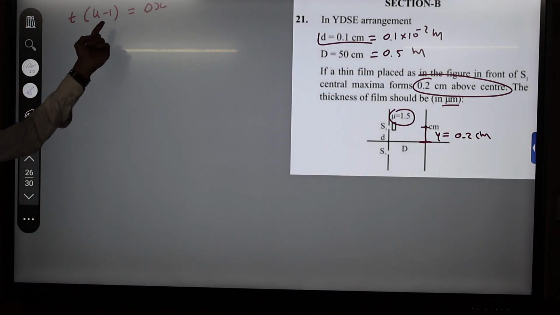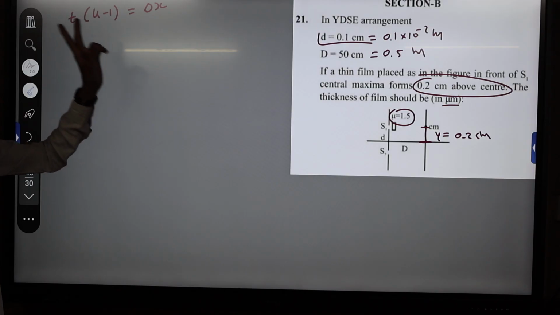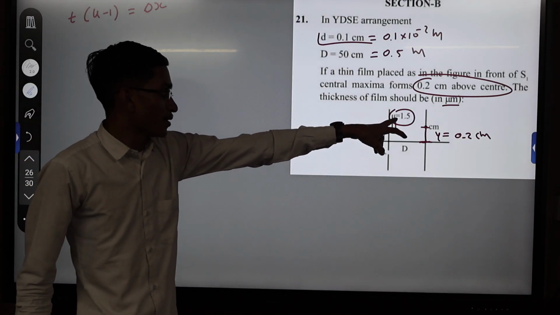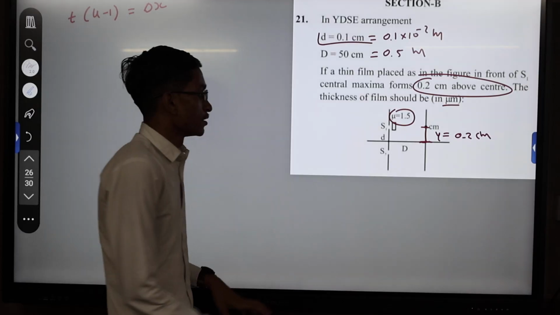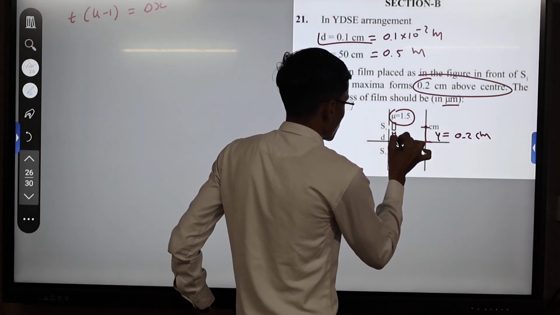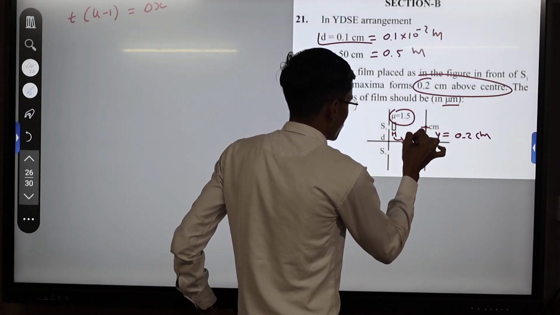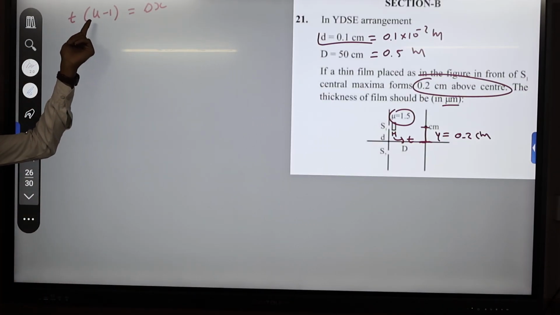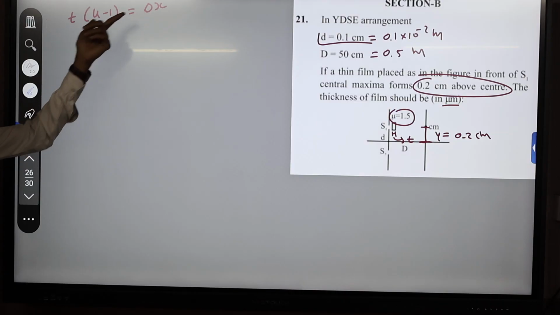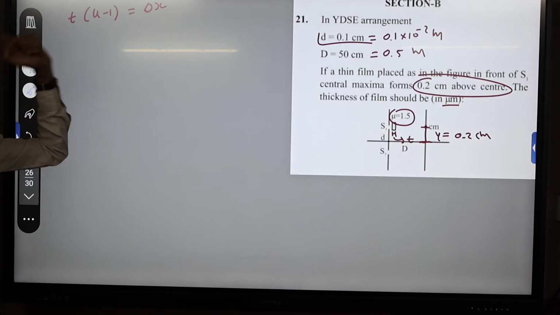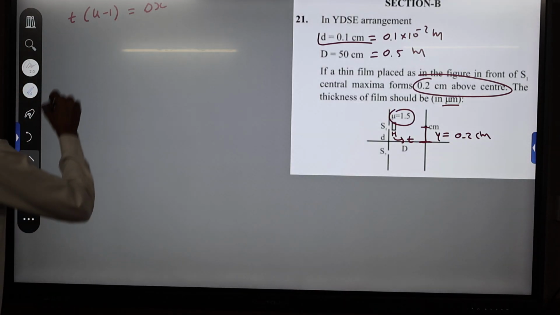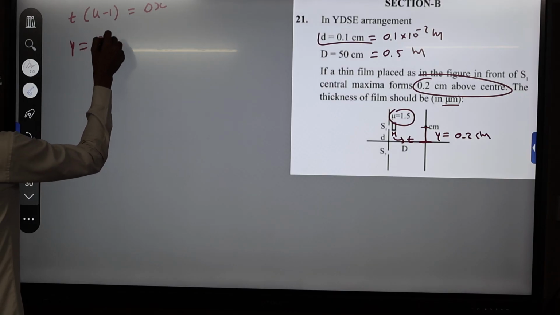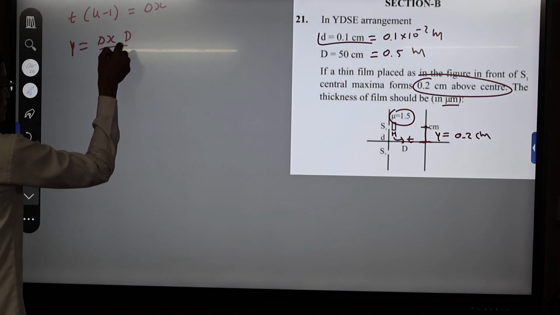This is the extra path difference created by the slab of refractive index mu and thickness T. Let us say the thickness of this slab is T. After putting the slab, the extra path difference delta x will be created due to this. And we have a formula that y is equal to delta x into D by d.